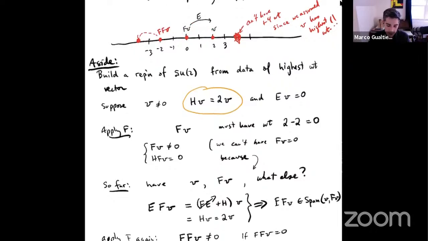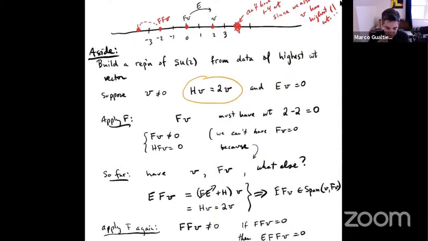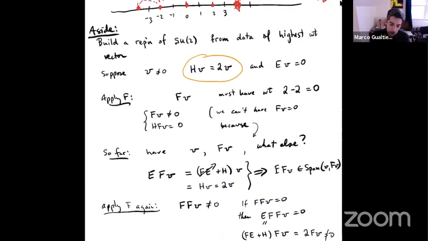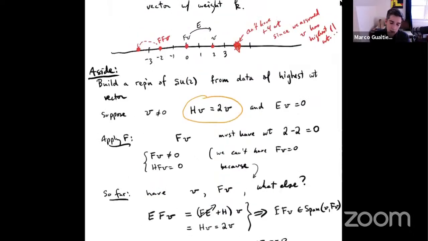Why? Well, let's take a look. If we apply E to this thing that we got, FV, what's that going to do? That's going to raise it back here. Why am I raising it back? Because I want to see whether that FV might have been 0.